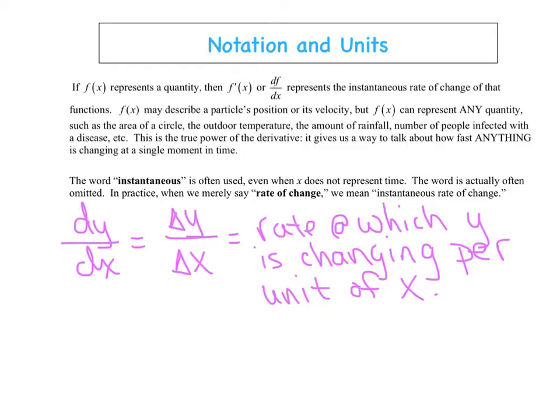A lot of times x will be a unit of time, so we could say gallons per hour, miles per hour, meters per second, those types of things. Just a real quick recap, the x is our independent variable and y will be our dependent variable, and just keeping that little piece of information in mind will pay off down the road.